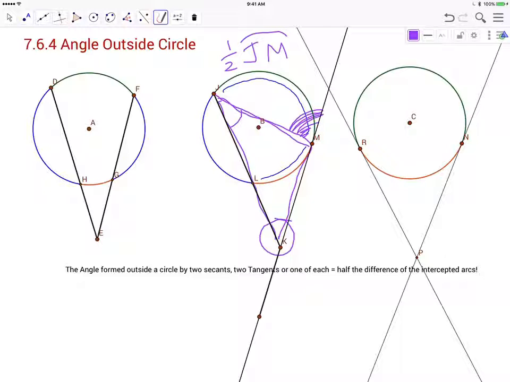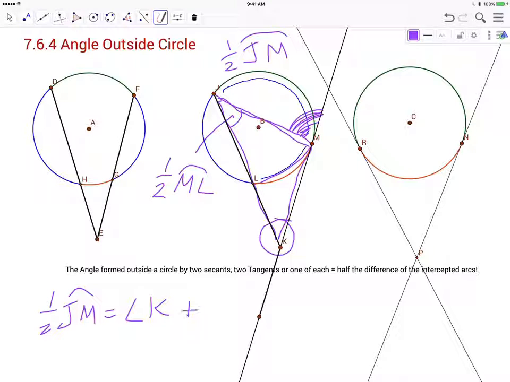So we do exactly the same thing. And let's establish that this angle here is half of ML. Maybe you see that, half of ML. So write down again at the bottom, half of JM is the same as angle K plus half of ML.